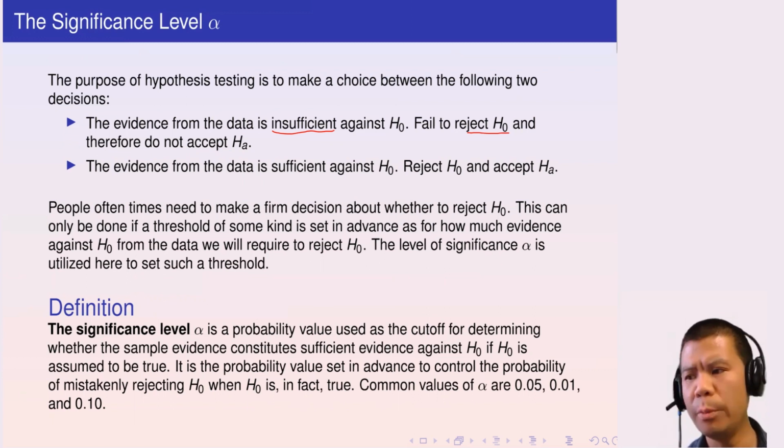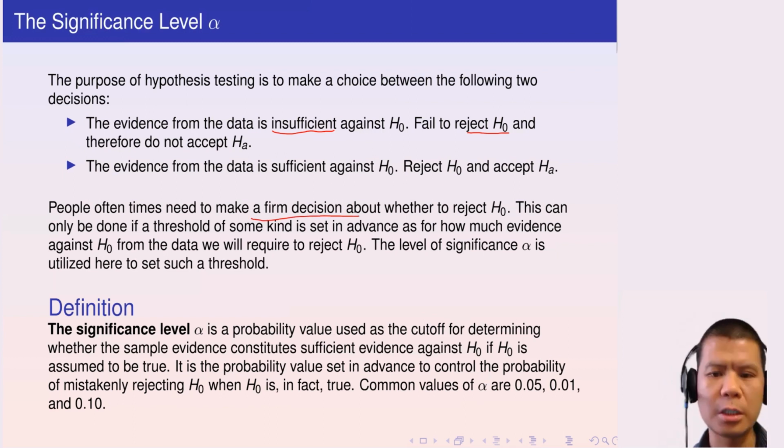Now we need to make one choice between these two, right? Sometimes you need to make a firm decision, whether to reject H0 or not. You accept it or fail to accept it. You reject it or fail to reject it.